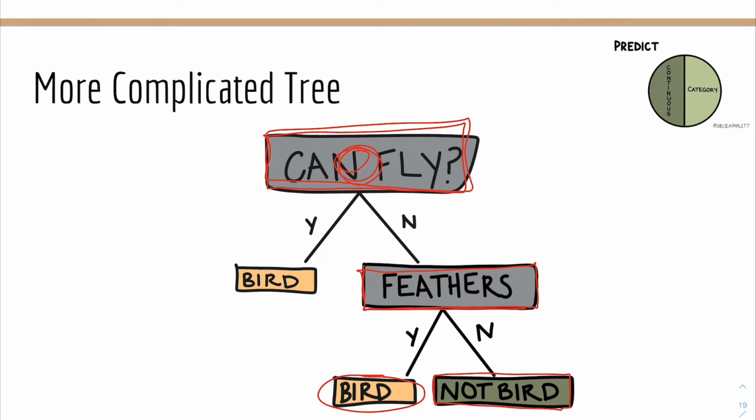So this is the root, or the root node. Once you have a classification like this, this, or this, these are called leaves. And a leaf node is essentially the end of that path on the tree. It's where we decide to put something in a category or not.